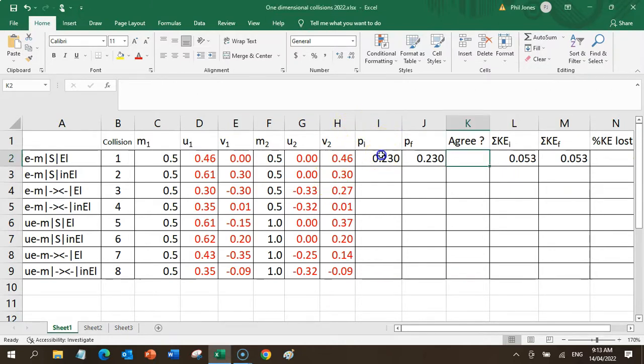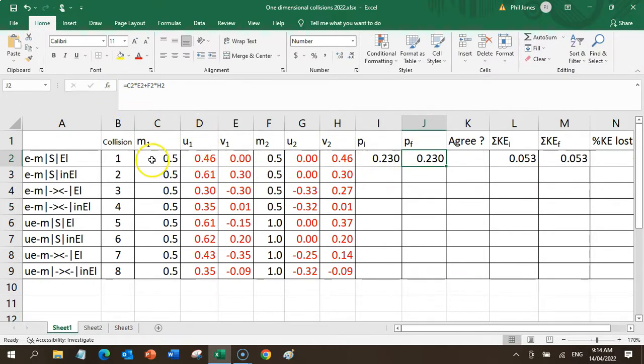Now, to do that, we can put in here a formula. As you can see from the formula up here, it multiplies the mass times the initial velocity here and the mass and the initial velocity here and adds those together. And over here with the final momentum, it's a similar story. If we click on that, you can see the relevant cells here.